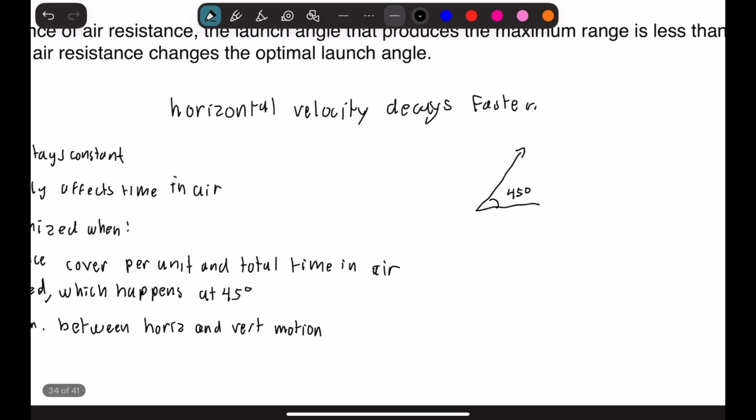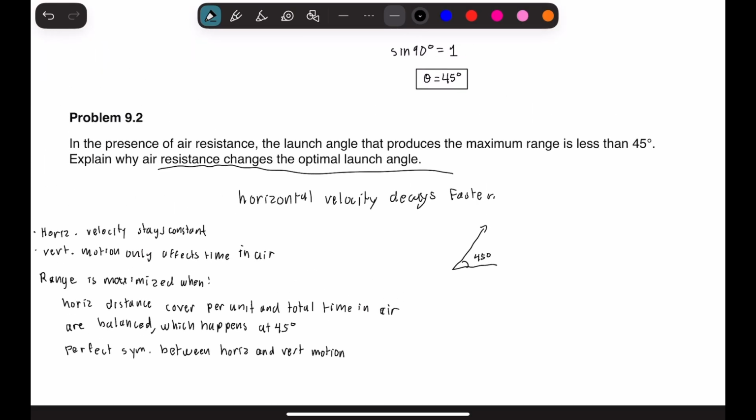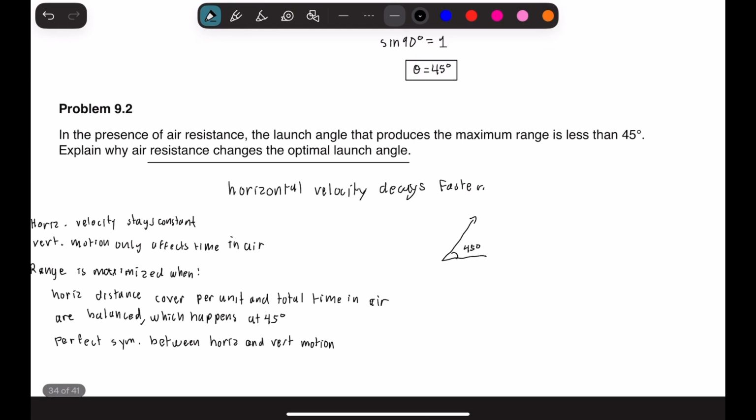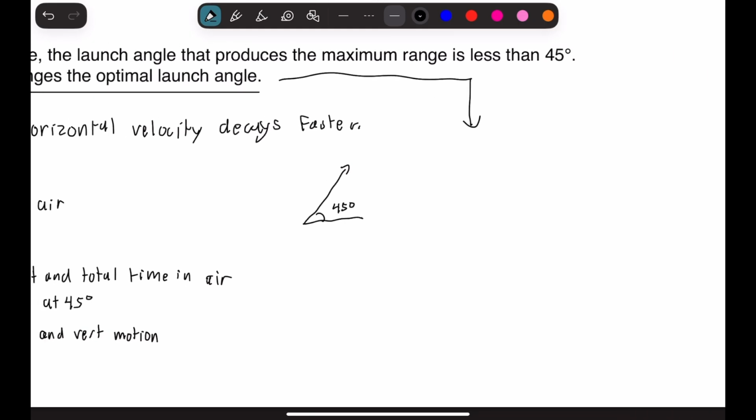So now we have to identify how air resistance will change this optimal range. If we have air resistance present, we know that it introduces a force that always acts opposite the velocity.